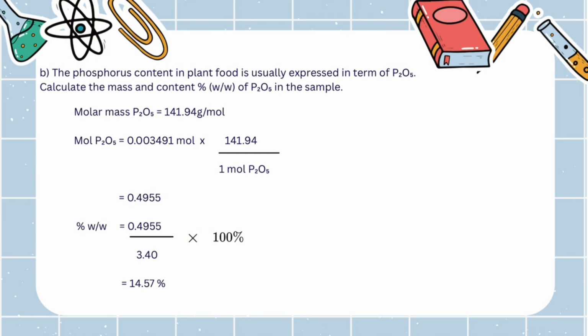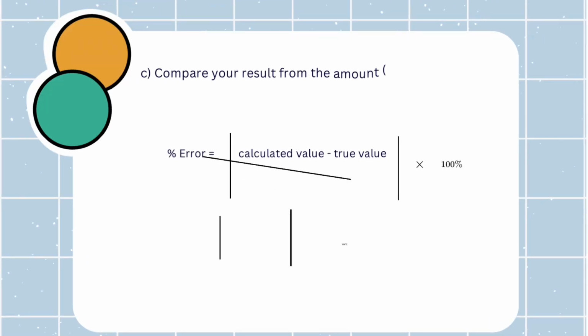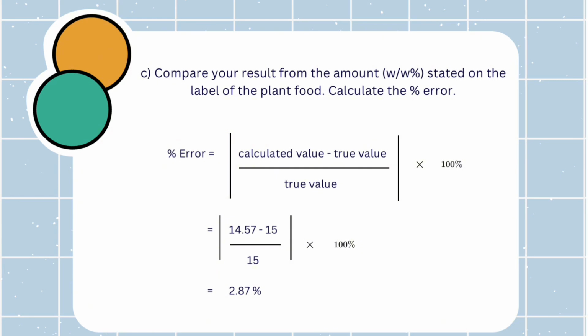For the percent content, we will divide the mass of phosphorus pentoxide by the mass of sample. So 0.4955 over 3.40 times 100%, we will get 14.57%. Now for the last question, we need to compare the result with the percent content stated on the label of the plant food and calculate the percentage error.